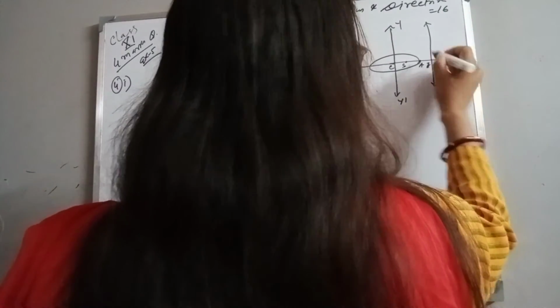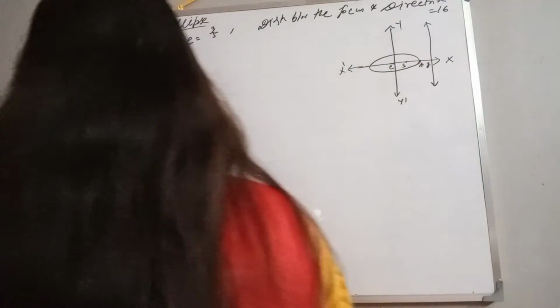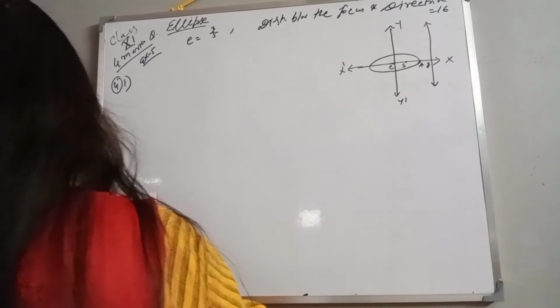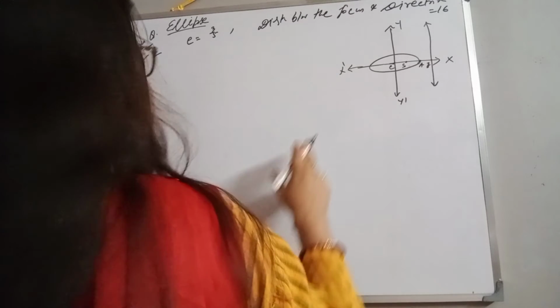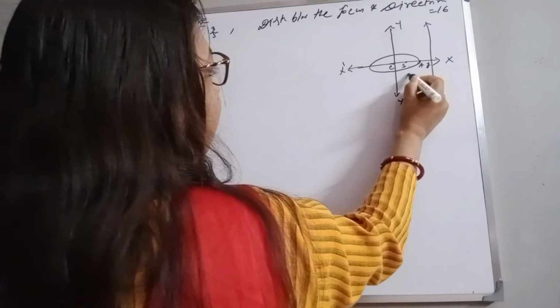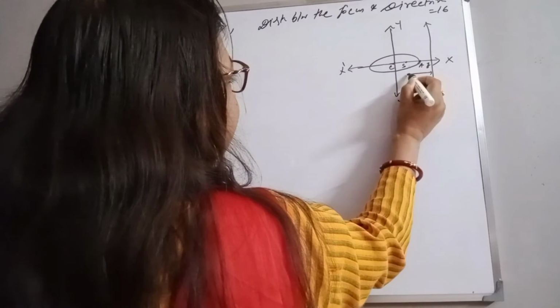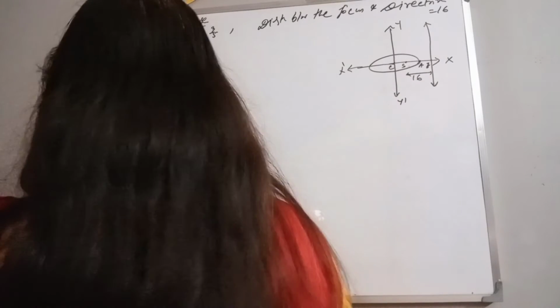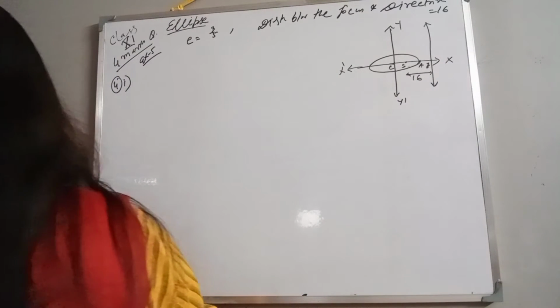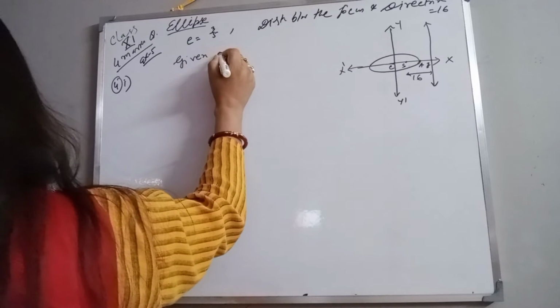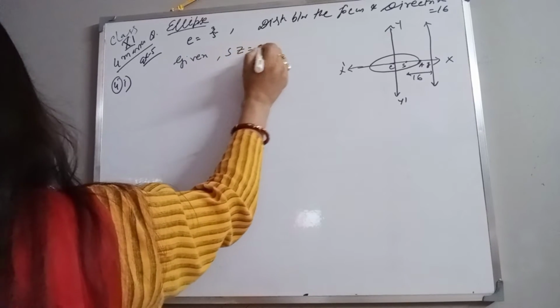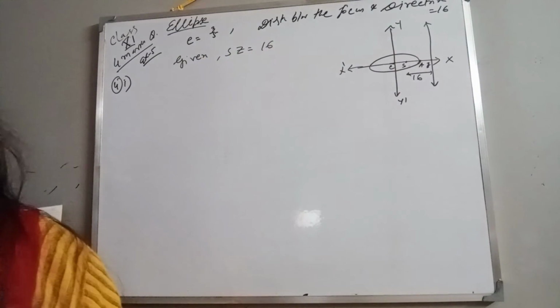One directrix is on this side, and one more directrix is on this side. The distance between the focus and the directrix is given as 16 units, so SZ is equal to 16.